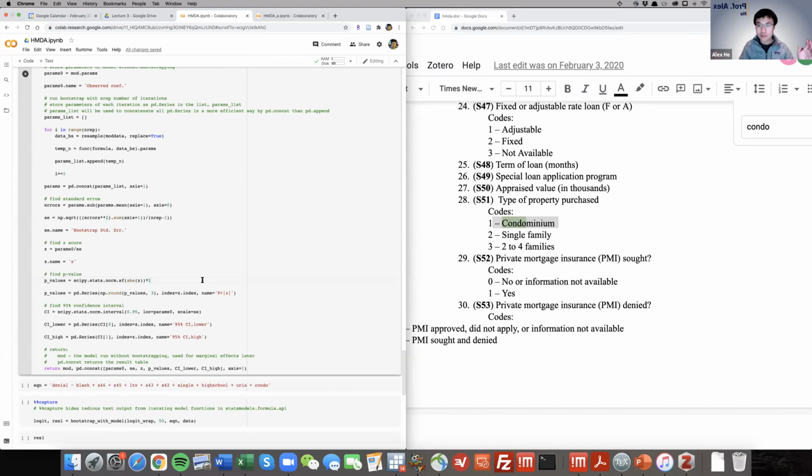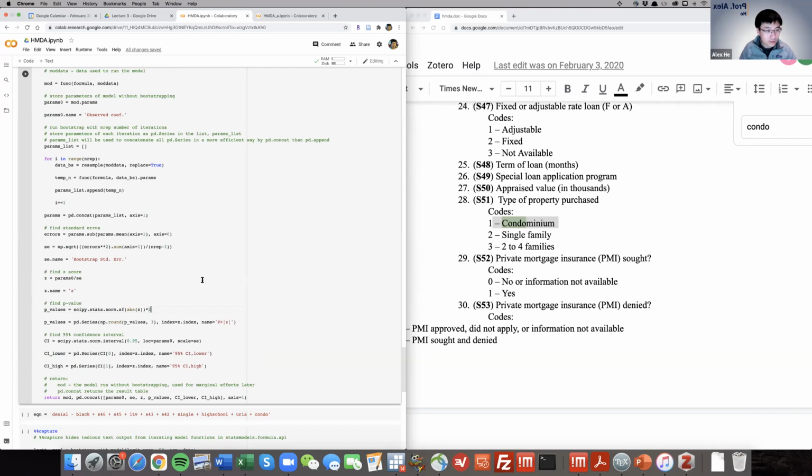And the standard deviation of those 50 betas would be your estimate of the standard deviation of the estimated beta. And then you can also build on top of that the confidence interval, and you can do hypothesis testing. So that's the idea of the bootstrap.